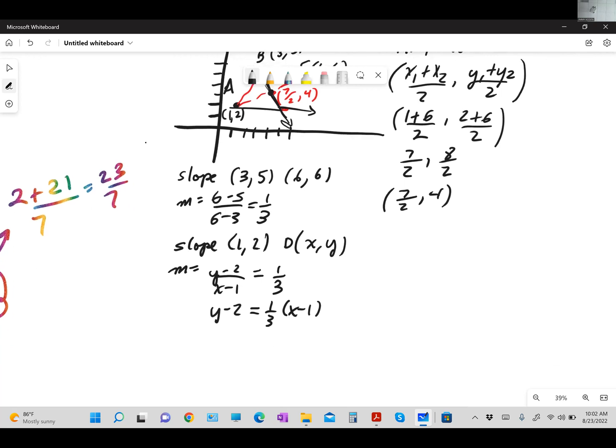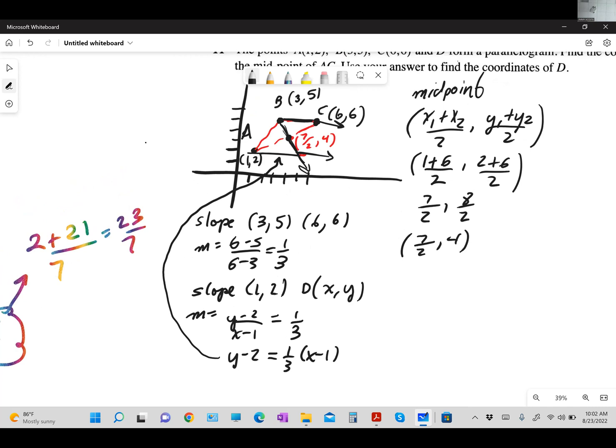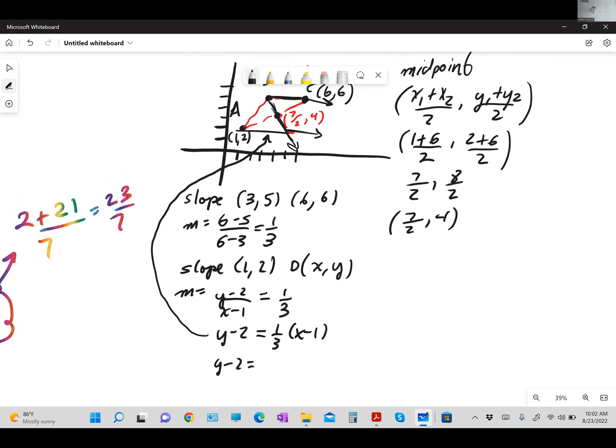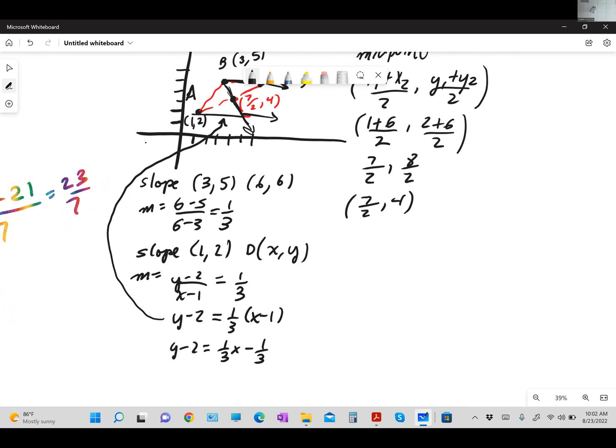You see it? So this line is this guy, right? Y minus 2 equals 1/3 x minus 1/3. Then I add the 2 over. I know I'm running out of space, so let me just be lazy and do this line here because I don't want to drag that over. But I made an arrow, so you shouldn't get confused.